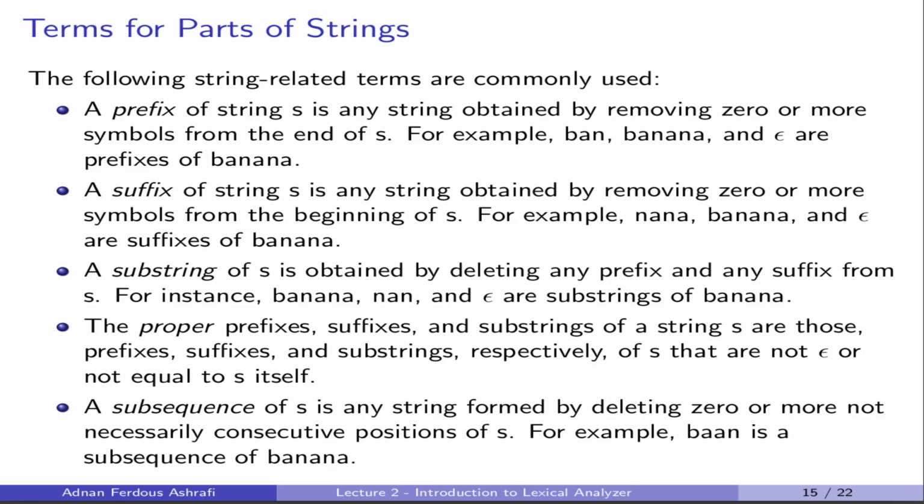So for example, for banana, ban is a proper prefix, anna is a proper suffix, but banana is not a proper suffix or prefix, and epsilon is not a proper suffix or prefix. So if I take a prefix, suffix or substring that is smaller than the original string, then we term it a proper prefix, suffix or substring, okay? Alright.